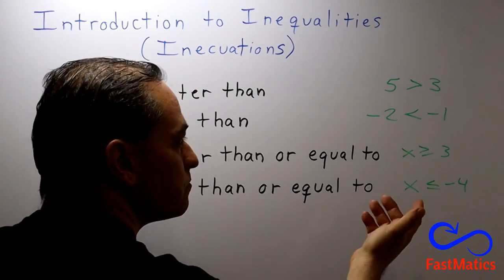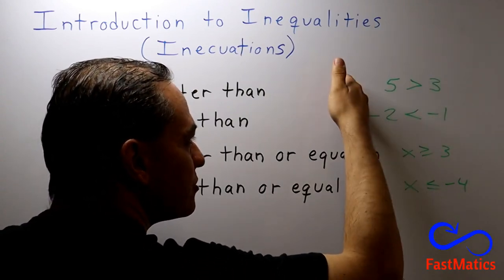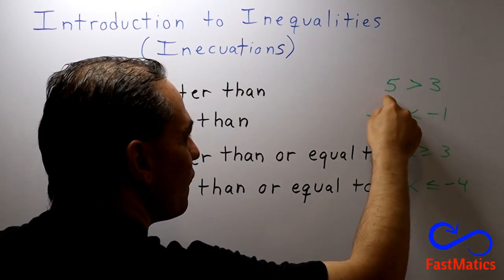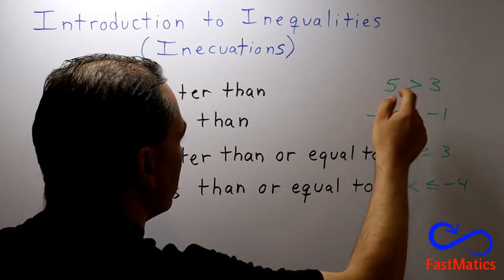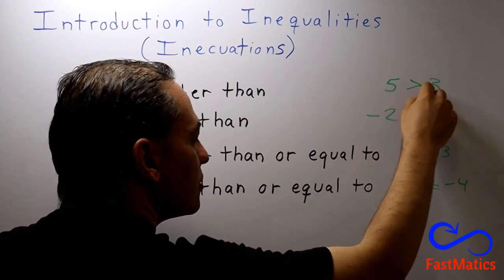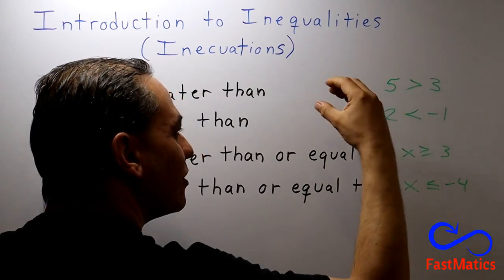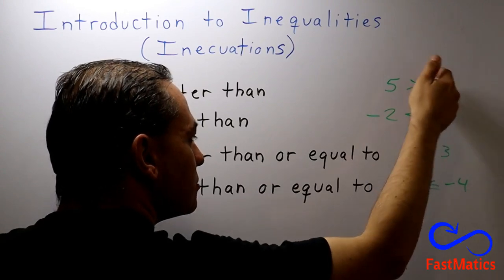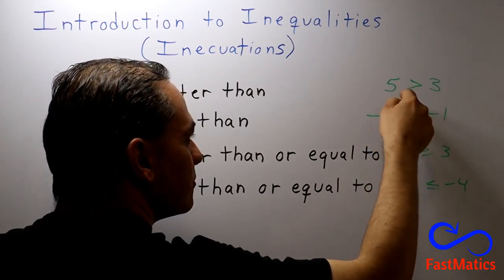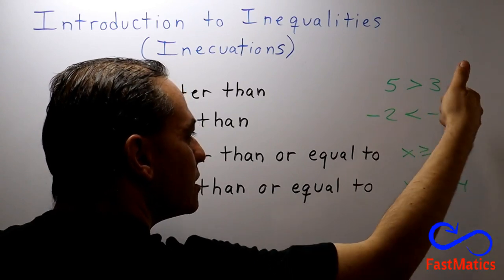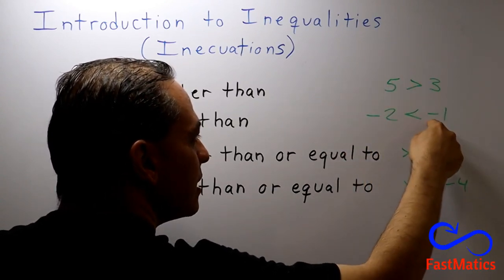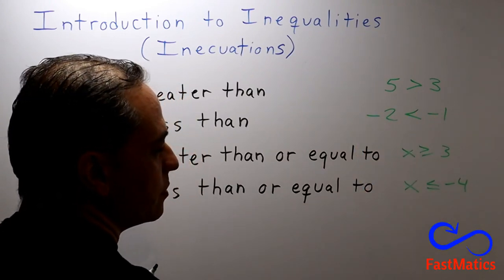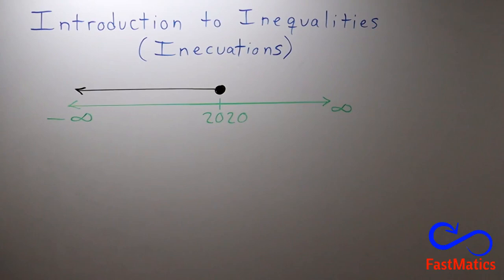And you can read from right to left. 3 is less than 5, because here you have the closed part of the symbol, and here you have the open part of the symbol. So if you read from right to left, you read less than for this symbol. But here, if you read from right to left, you say negative 1 is greater than the other number. Okay? Now let's see one example.